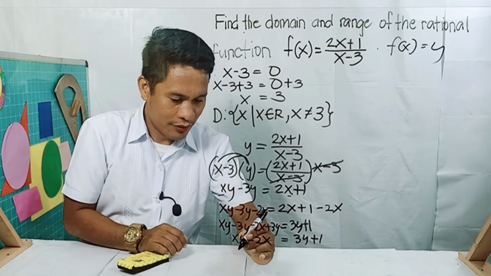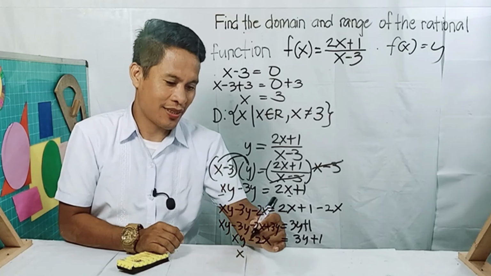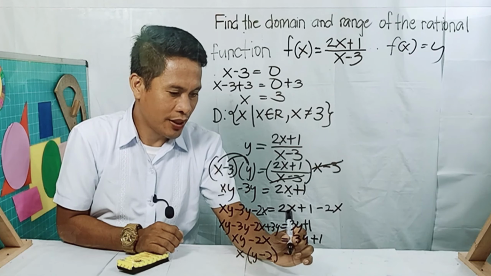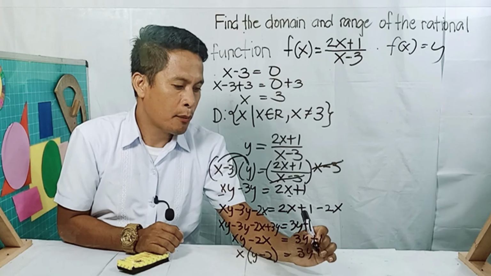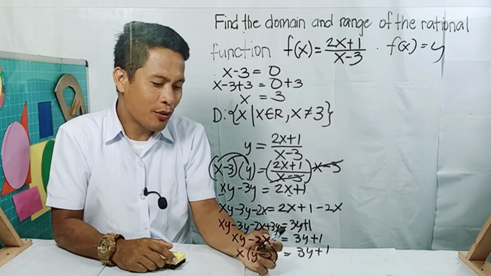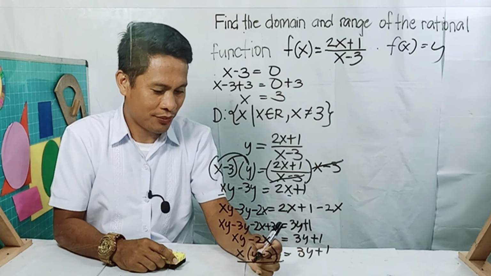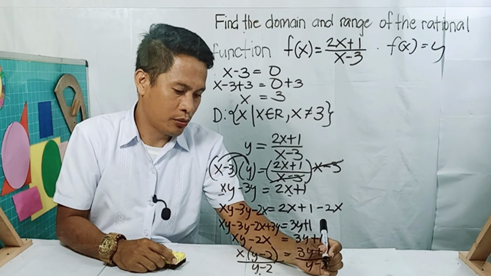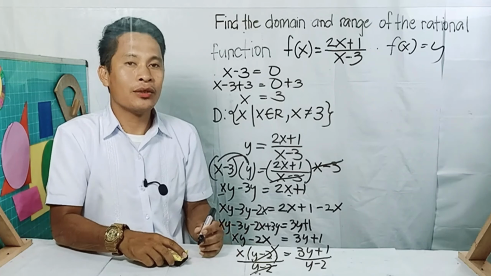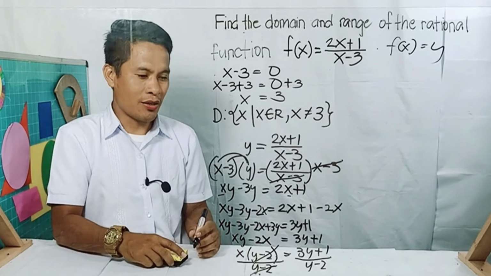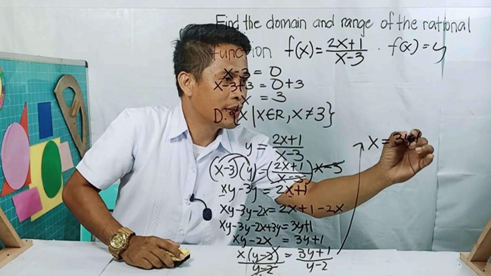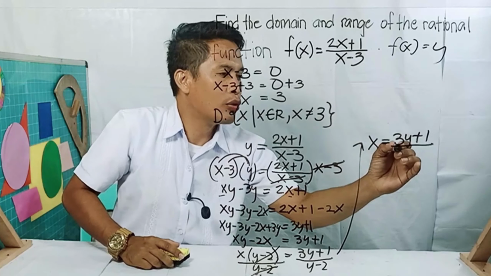Let's factor out the common factor, x: x times (y minus 2) equals 3y plus 1. Divide both sides by y minus 2. Then cancel out y minus 2. x equals (3y plus 1) all over (y minus 2).